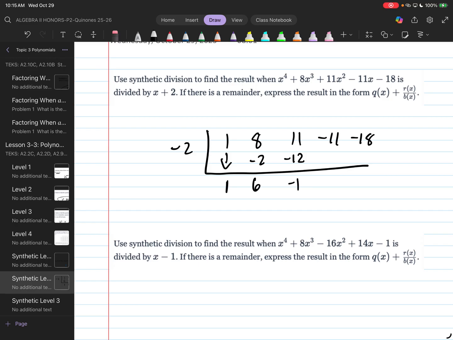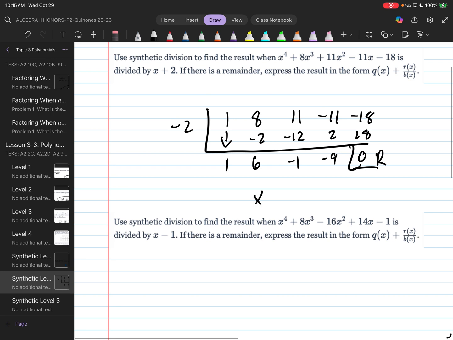Negative 2 and negative 1 gives me positive 2. Negative 11 and 2 gives me negative 9. And negative 2 times negative 9 will give me positive 18. My remainder is 0. So what's my answer? X cubed plus 6x squared minus x minus 9.